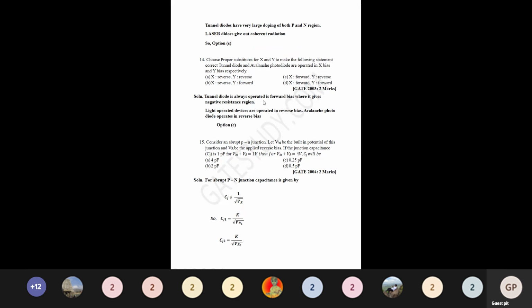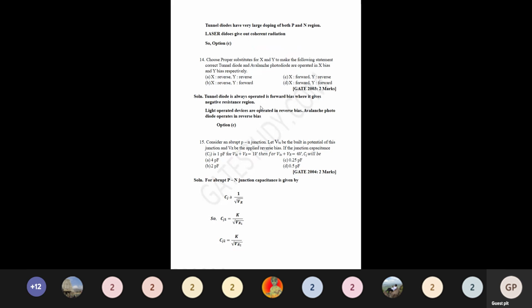Tunnel diode is always operated in forward bias where it gives negative resistance regime. Light operated devices are operated in reverse bias. Avalanche photodiode operates in reverse bias. So the option is C, X is forward bias and Y is reverse bias. So C is the right answer.